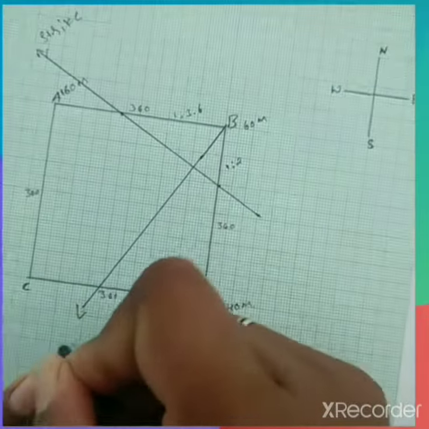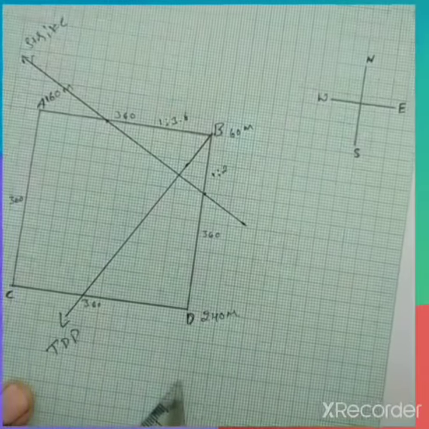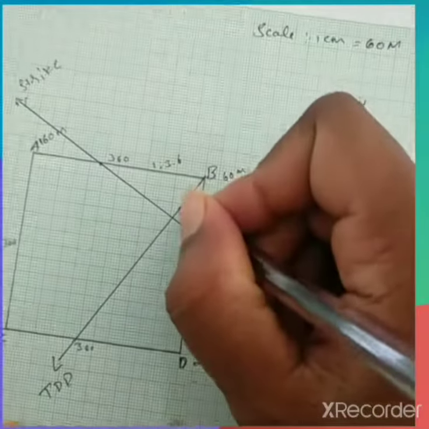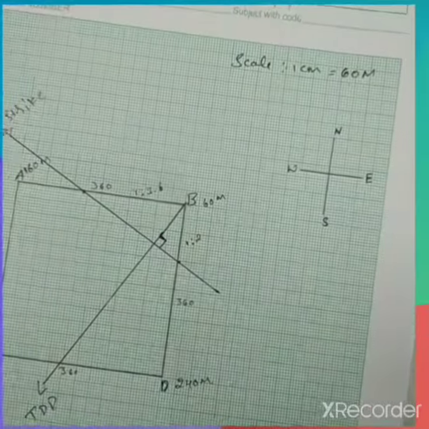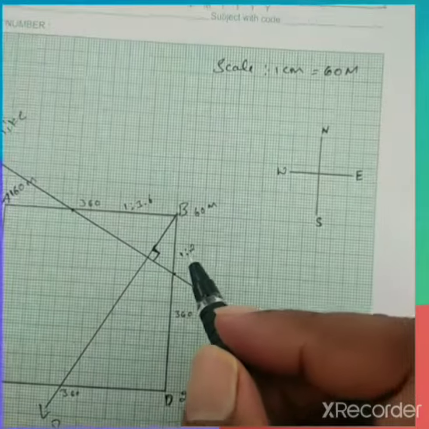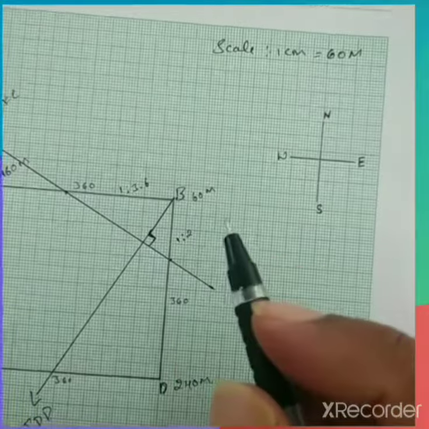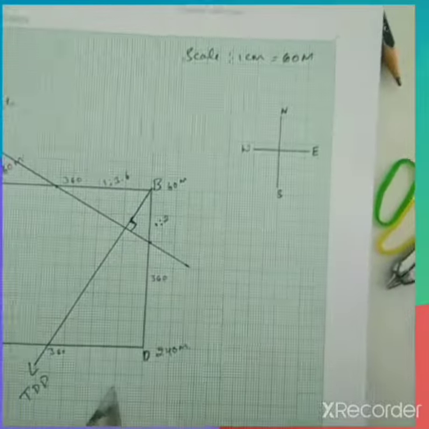This is the true dip direction. This is exactly perpendicular to the strike. We need to determine the true dip amount and true dip direction.